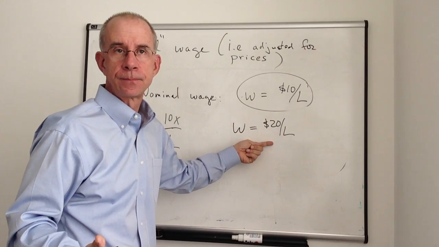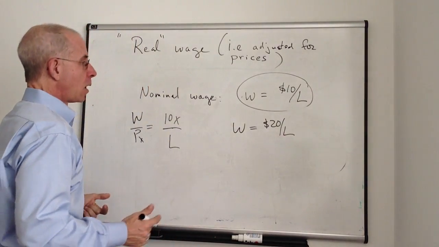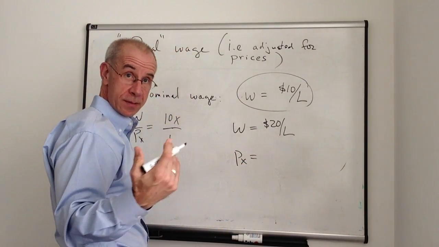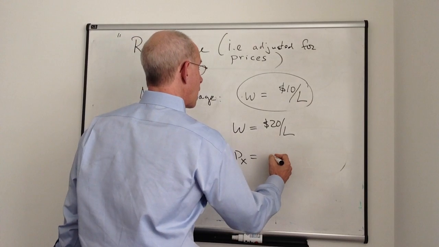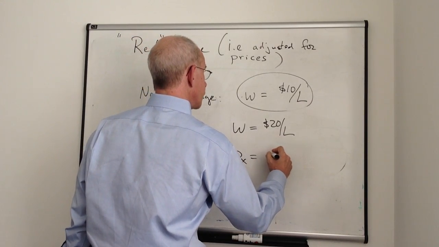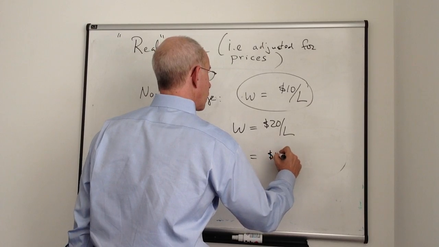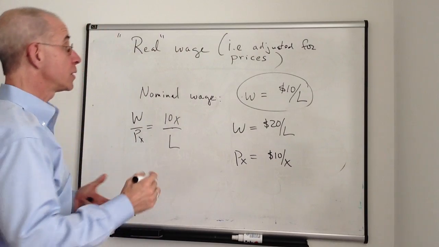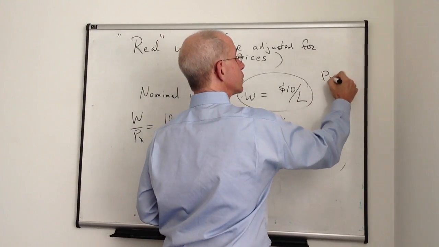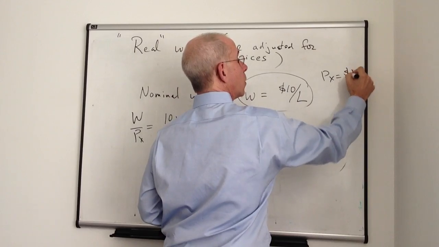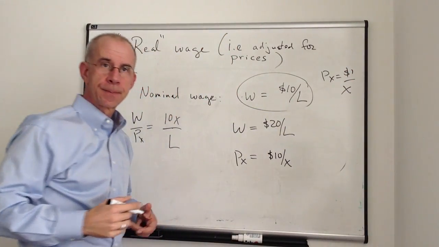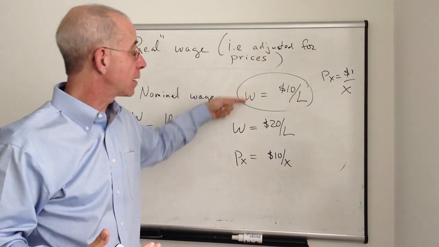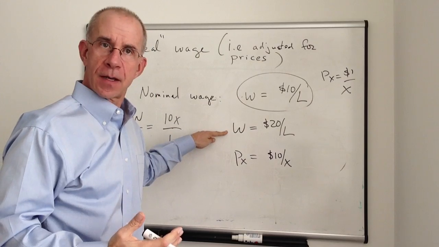This is doubled. But the price of X, which originally was $1, went up to $10 per X. So again, the original wage was $10, the original price of X was $1 per X. So a naive person would say, hey, I've had a doubling in my salary, I'm better off.